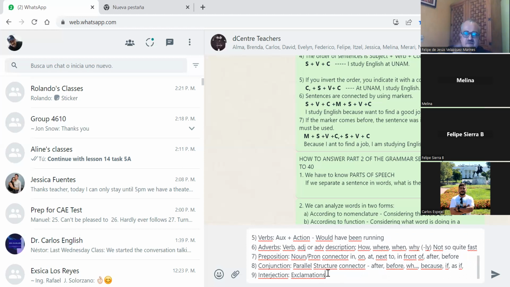"She went home after class." After is connecting only a noun, so after is a preposition. "She went home after the class was over." After is a conjunction. It's connecting a sentence. It's working like a mark.